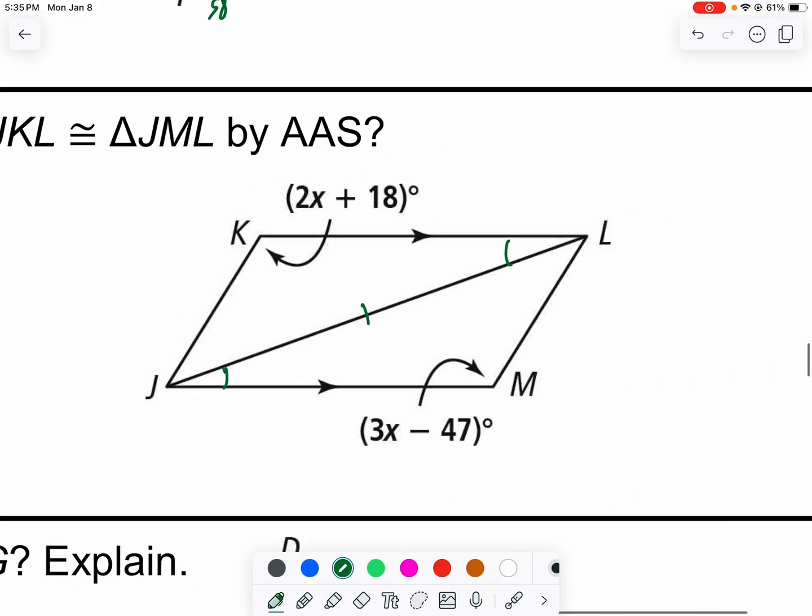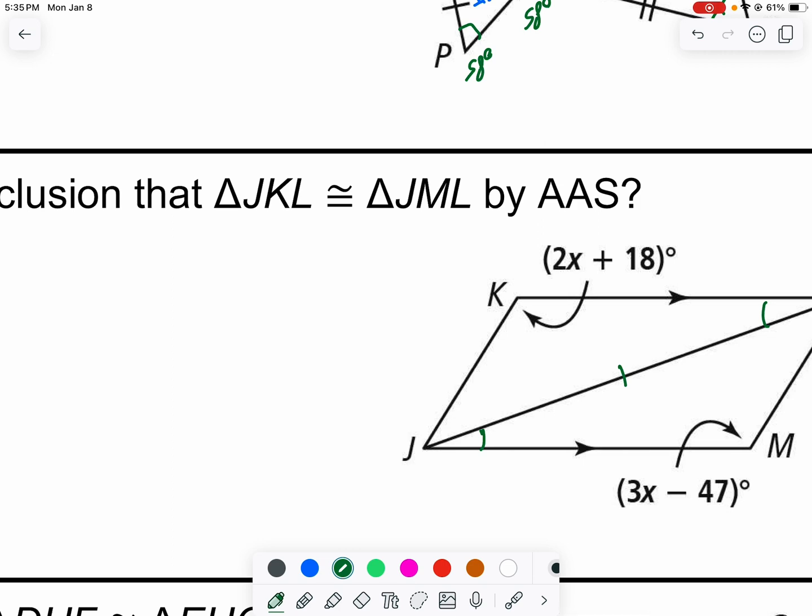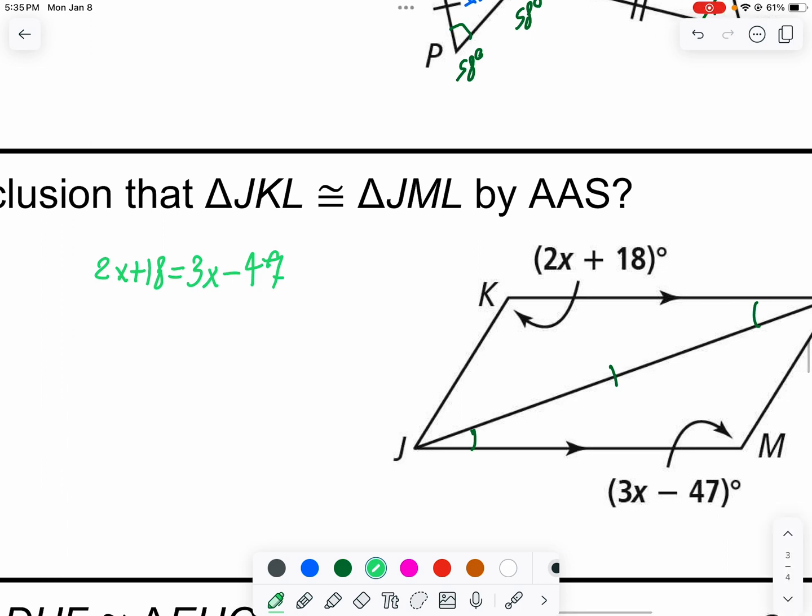In order for them to be congruent, we can write an equation. 2x plus 18 is equal to 3x minus 47. Subtract the 2x from both sides and add the 47 to both sides. We end up with x is equal to 18 plus 47, which is 65 degrees.